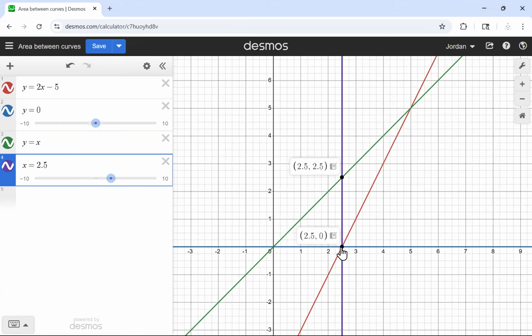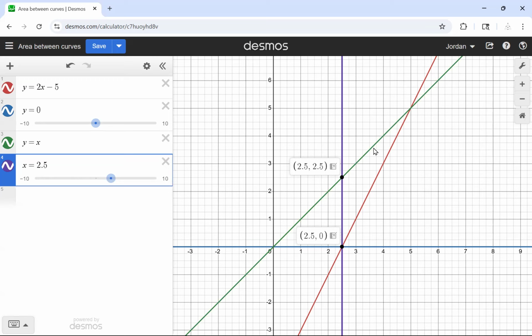And I could have, if I wanted to, done all of the calculations by hand and found the area of this triangle, the triangle from 0 to 2.5 with height of 2.5. So I would have taken 2.5 times another 2.5 and then divided by 2. That's the area. That gives you the 3.125 here.